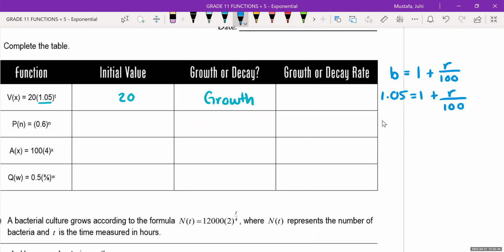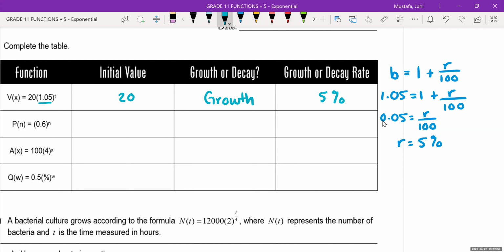I'm going to move the 1 over to the other side. 1.05 minus 1 is just going to be 0.05 is equal to R over 100. Then I'm going to multiply 0.05 by 100. You're basically moving the decimal place over twice. And so we get a rate of 5%. So I would say my growth rate is 5%.